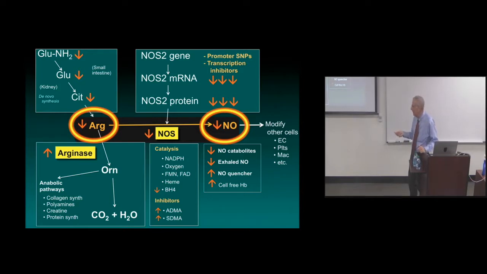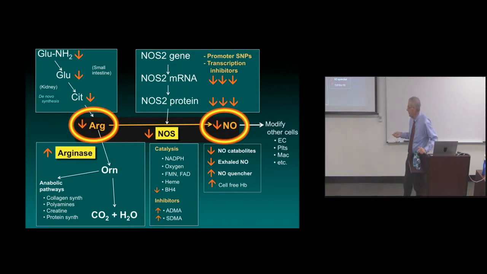It's just wiped out. Also, once you have the enzyme there, you make a little bit, you've got to have these cofactors. And one of the very important ones is tetrahydrobiopterin. Complex chemistry there, but it's necessary for this enzyme to work. And we demonstrated that this is low in both adults in Indonesia with malaria and children in Tanzania with malaria.